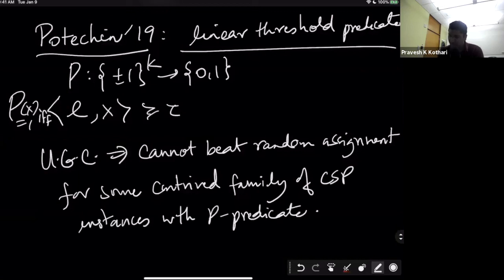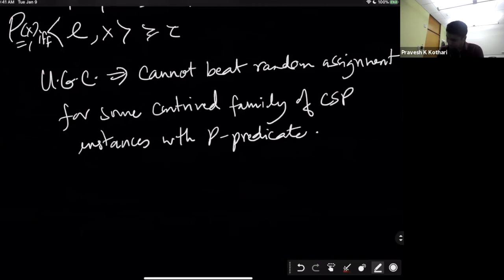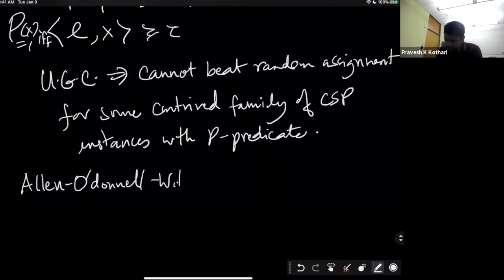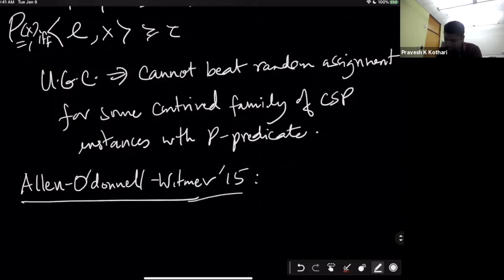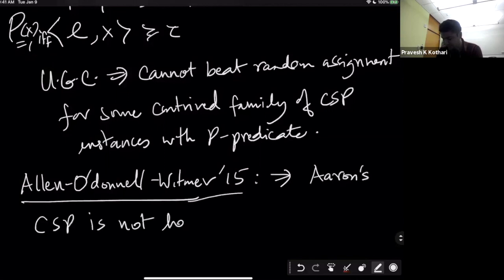On the other hand, you can provably show that random instances with the same predicate are not hard, at least not maximally hard. So we'll study some of these theorems the next time, but the relevant theorem here is due to Ryan O'Donnell and David Witmer from 2015, and they proved, well, they didn't quite prove it for Aaron's predicate alone, but they proved a theorem that implies that Aaron's CSP is not hard on average.